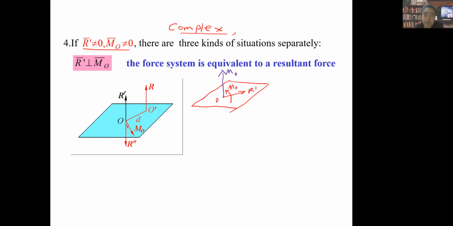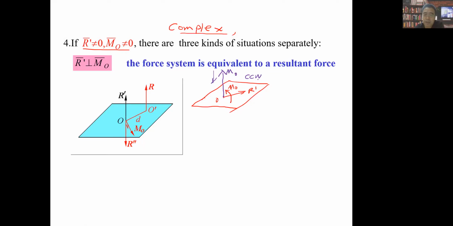Right? This means if you look at this plane from this point downward to this plane, you will find that the effect of this MO will try to let this object rotate around this axis. If this is the CCW direction, you know what is CCW?